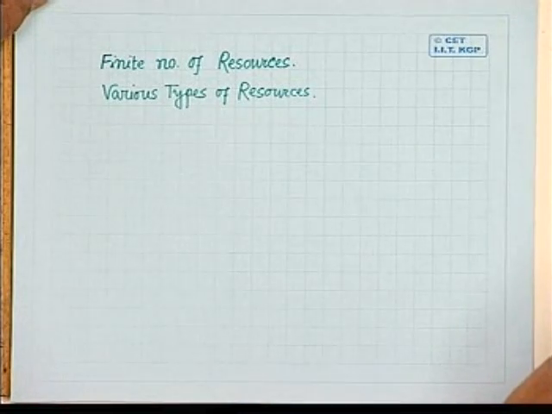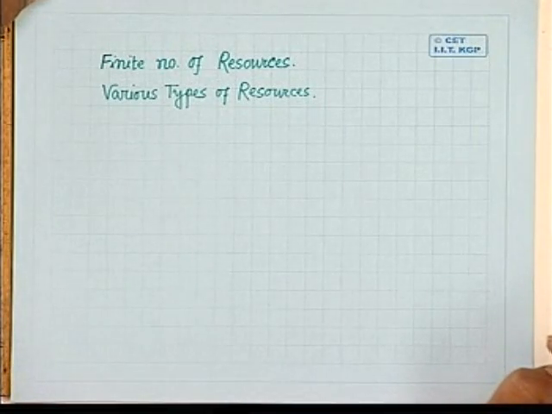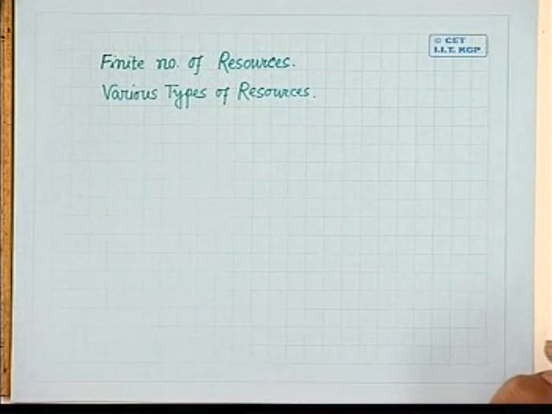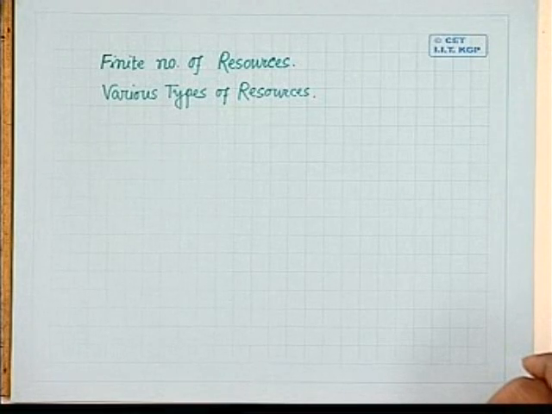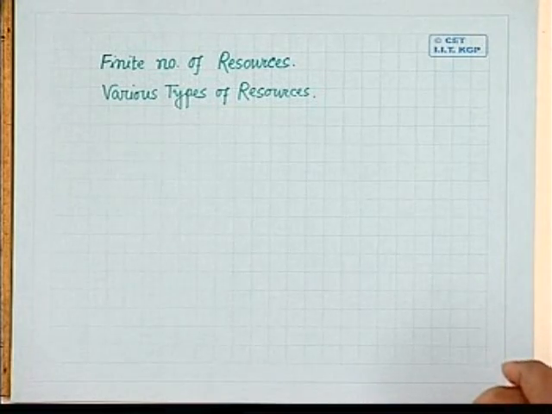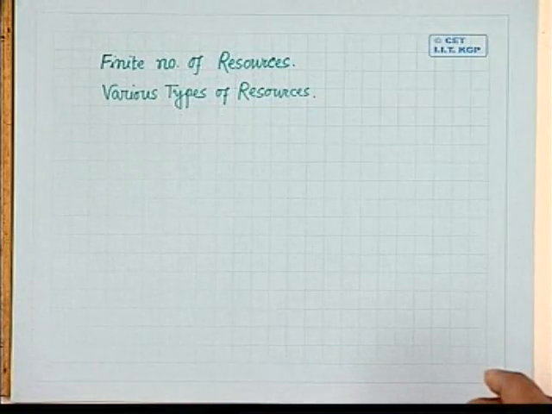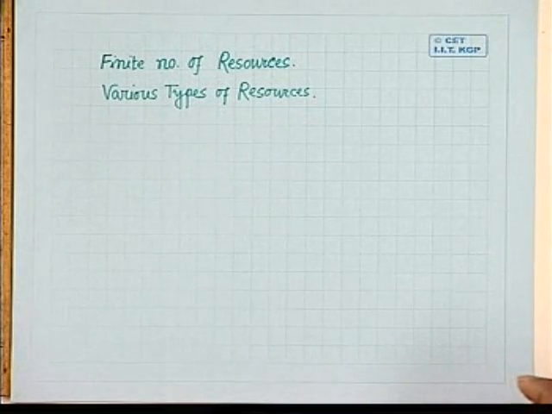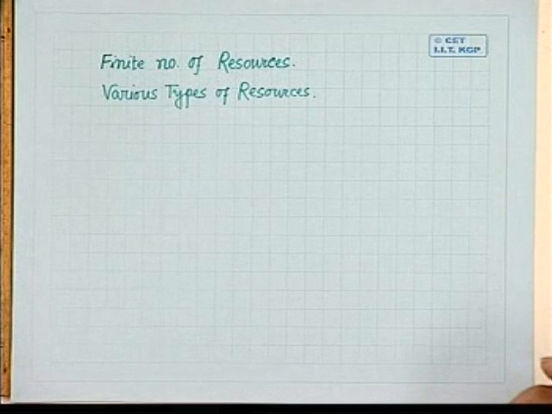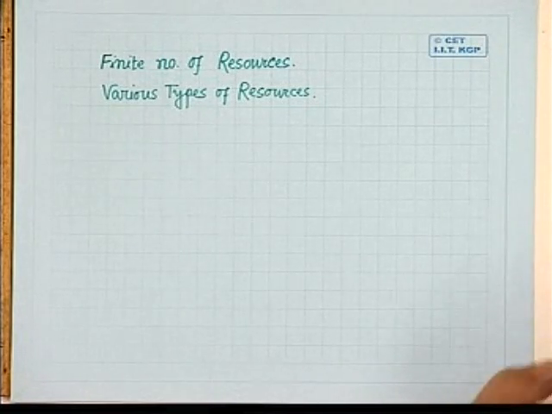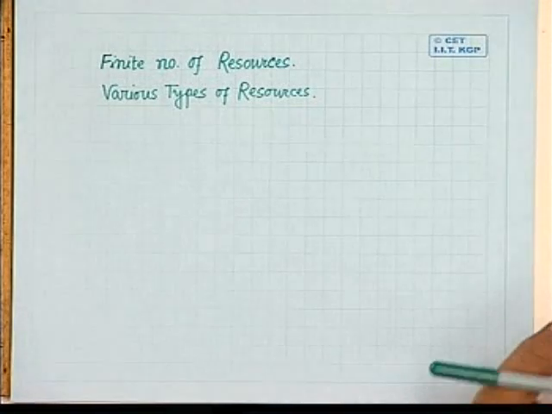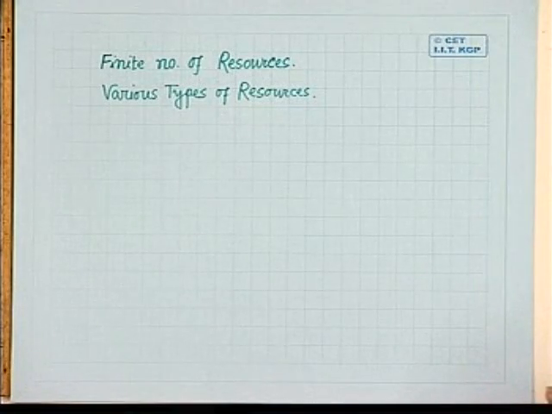And also we assume that every resource type can contain a number of identical resources, which we'll call instances of that particular resource type. So for example, a system can have say 5 printers, and if all the 5 printers are identical, I'll put them as a printer type having 5 instances of that particular printer.